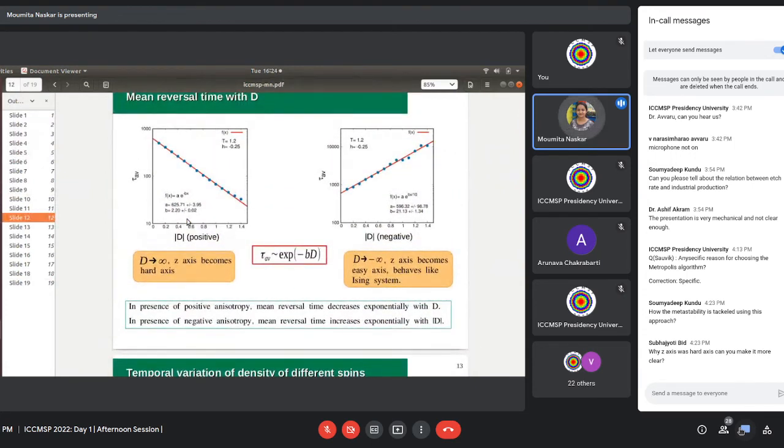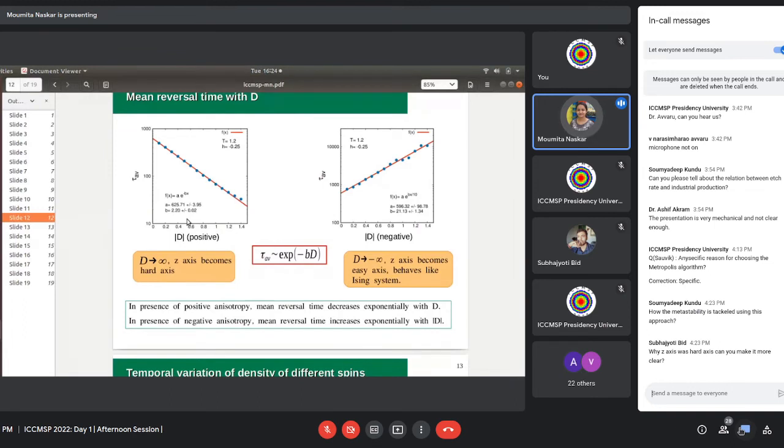Okay, when we apply some positive anisotropy, am I audible? Yes, you are audible. So when we apply some positive anisotropy along the z-axis, in general we are dealing with the z component of the spins.